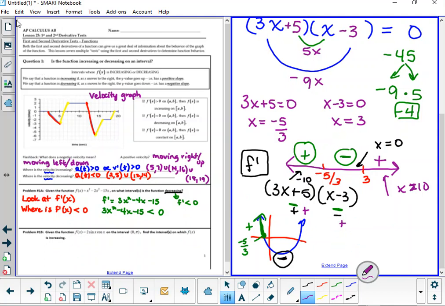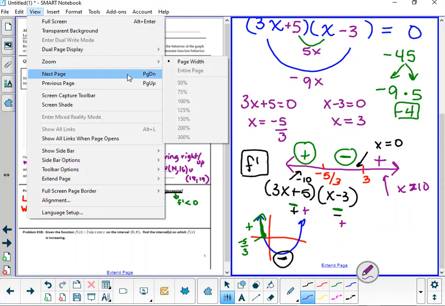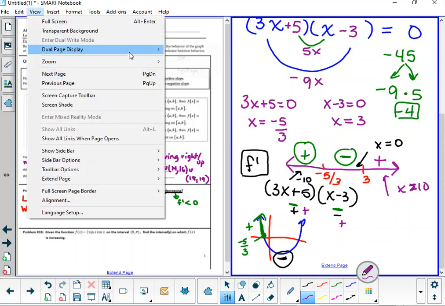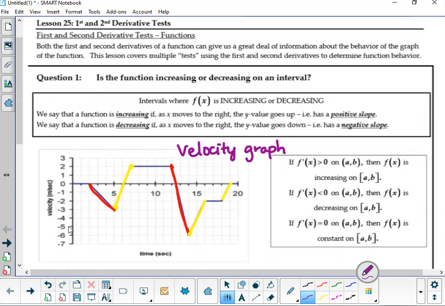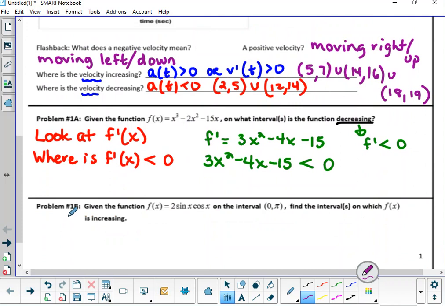So from this work, let me undo this. Ooh, big writing. From this work that I did, I figured out that f of x, actually, let's put it this way. Let's start from what we determined. We needed to figure out where f prime of x was less than 0.